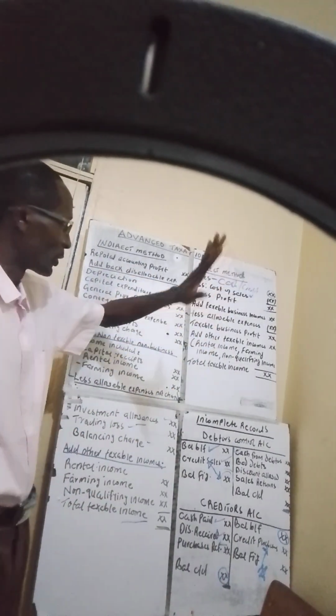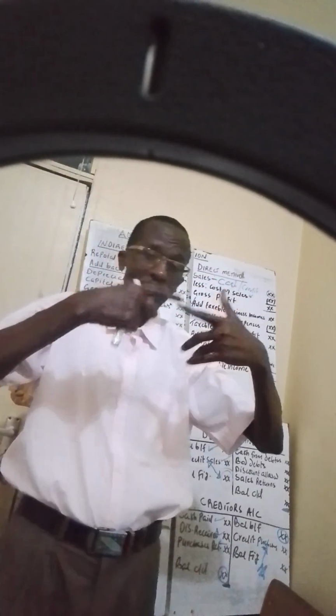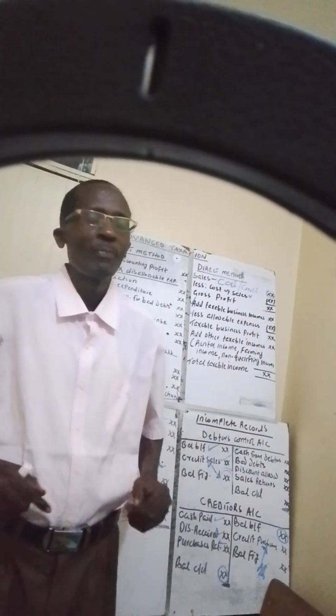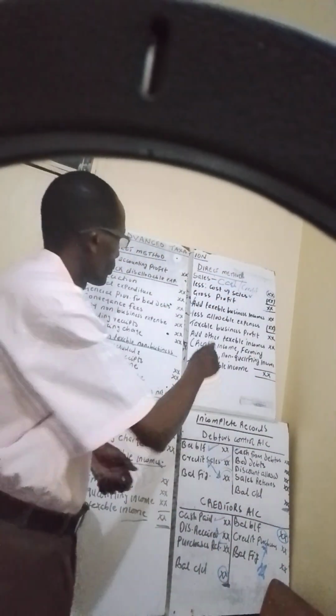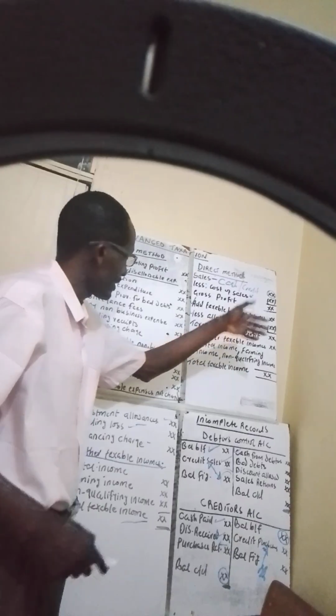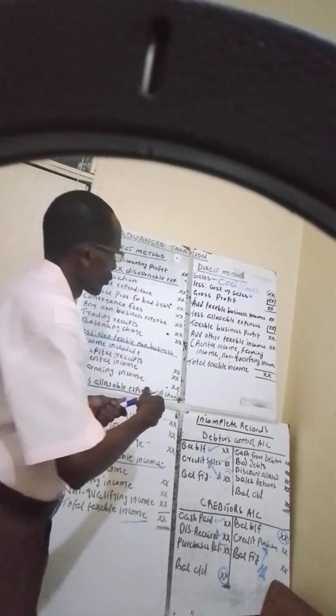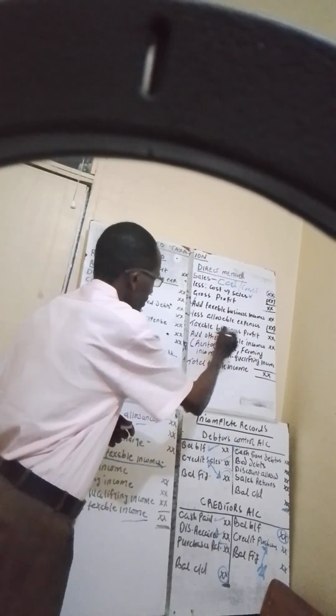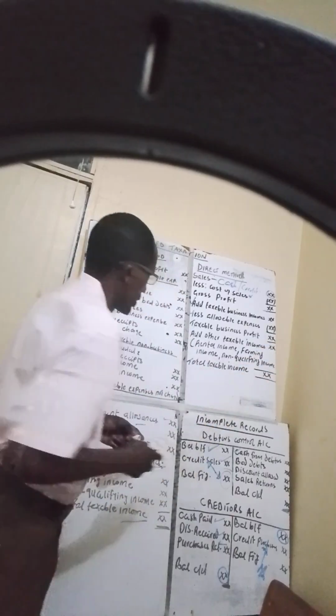Different from this with the direct method, whereby you are the one now to calculate your sales, you less your cost of sales, and then you proceed with earning taxable business income, and you less allowable expenses, so that you get your taxable business profit. Your taxable business profit.